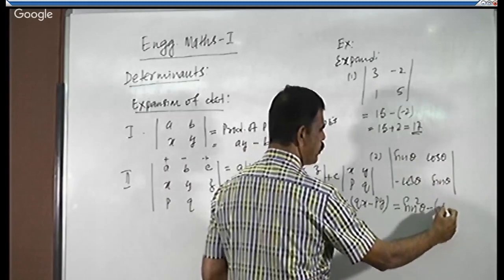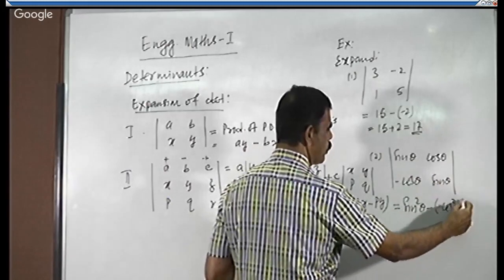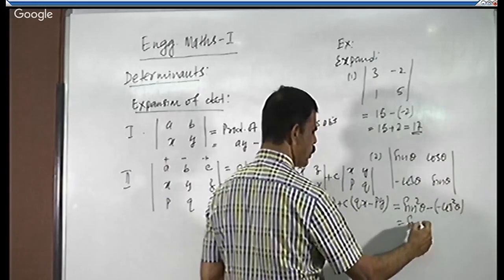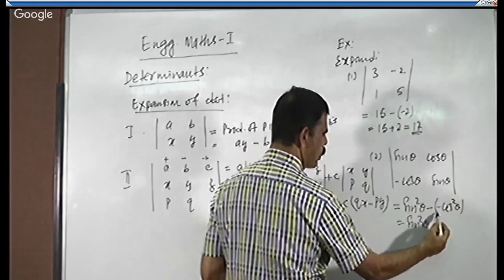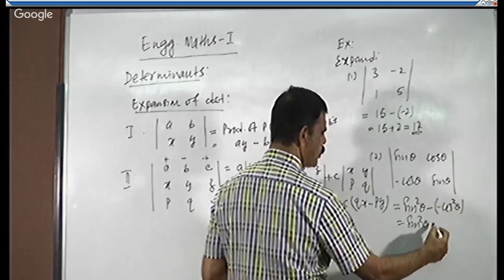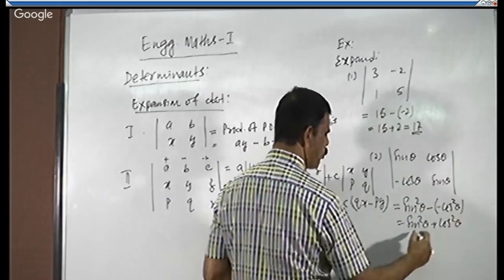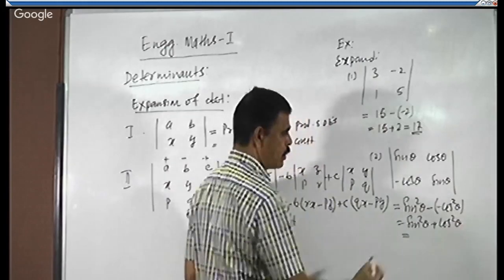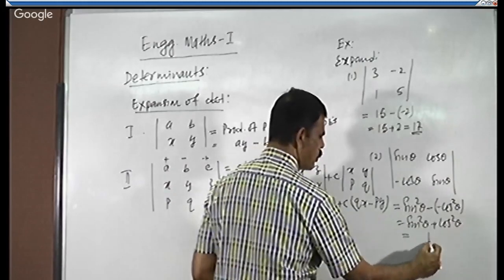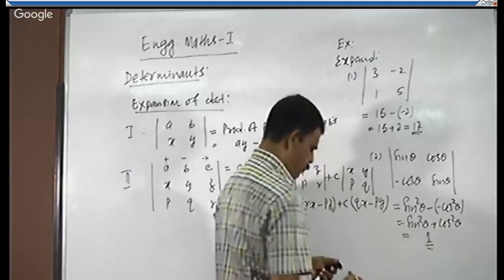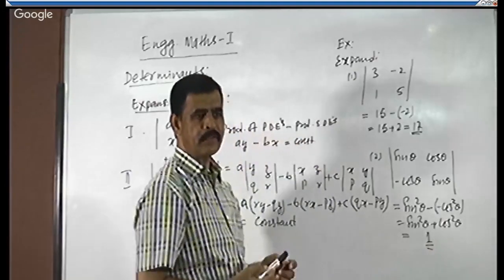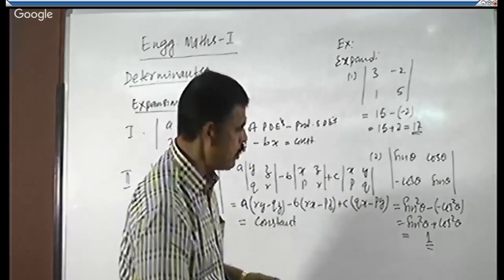It is minus of minus cos square theta. So sin square theta, remove this bracket. Minus into minus is what? It is plus cos square theta. It is a trigonometric identity, right? Sin square theta plus cos square theta is 1. So like that, we have to expand the second order determinant, right?